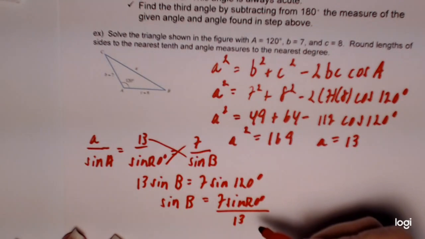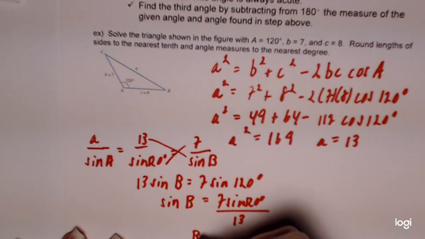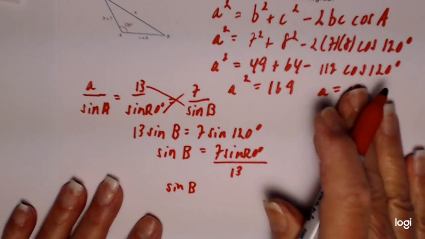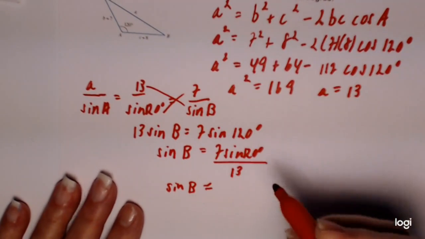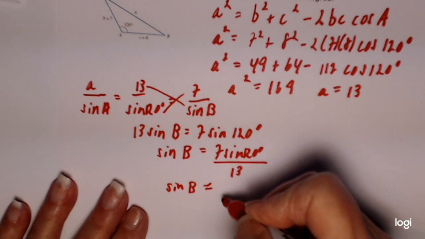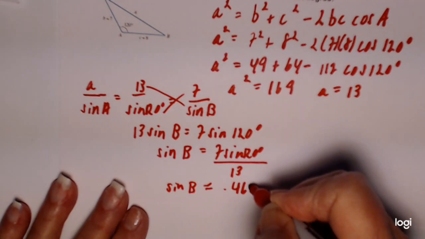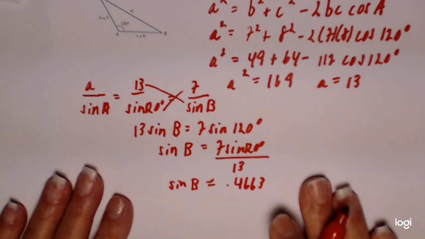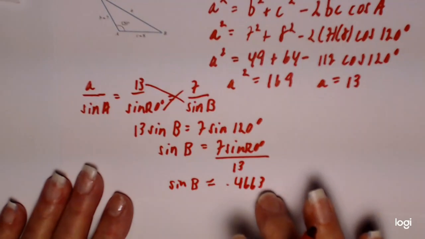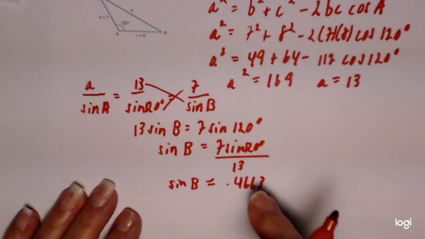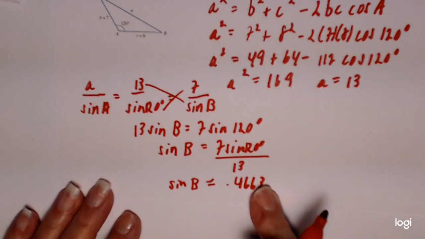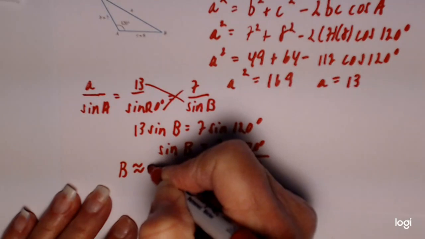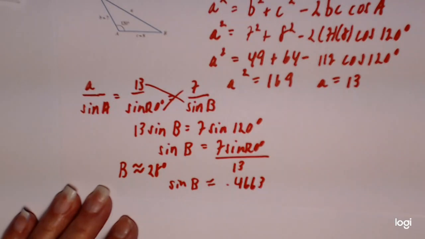So sine of B is approximately equal to, if we do this calculation, 0.4663. And now we don't want the sine of B, we want B. So we take the inverse sine of this and we get that angle B is approximately 28 degrees.